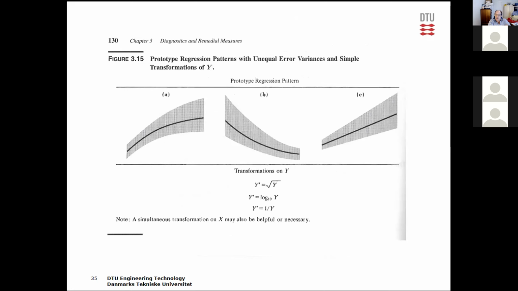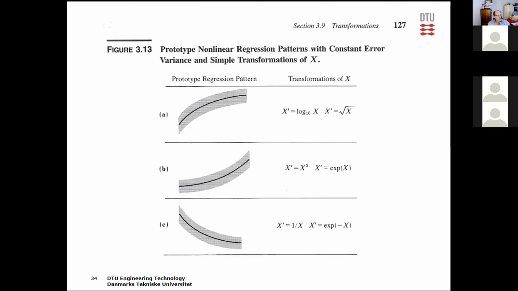And again, you look at the residuals. If you look at the real difference here, notice that when it's an X transformation, the variability is pretty much the same in the residuals. You see this kind of band of data here. Notice the band is pretty constant. So that kind of implies an X transformation.